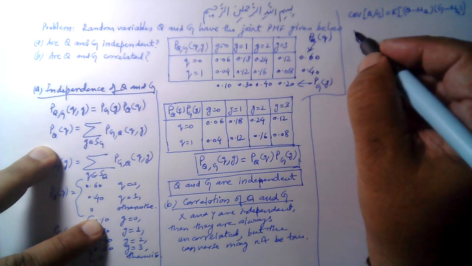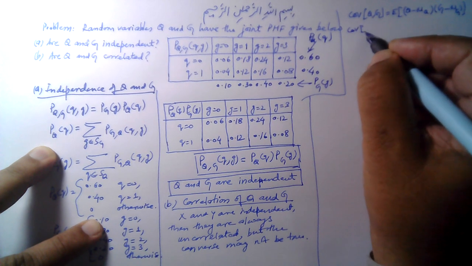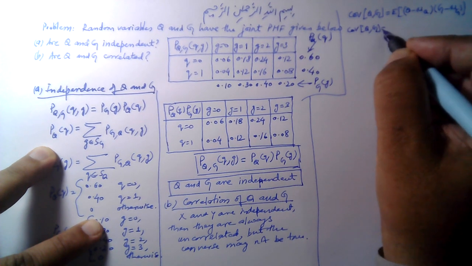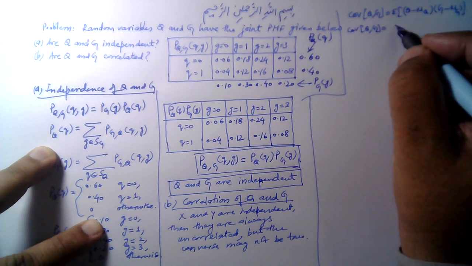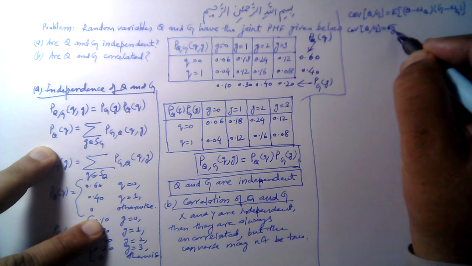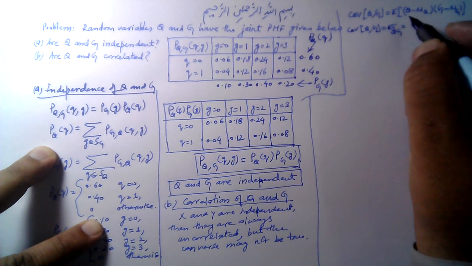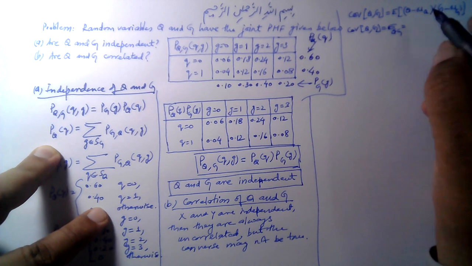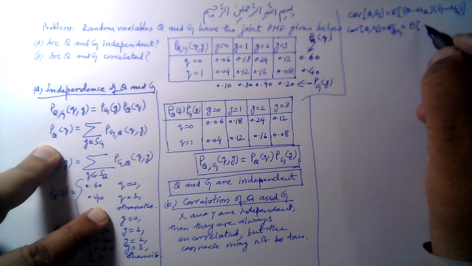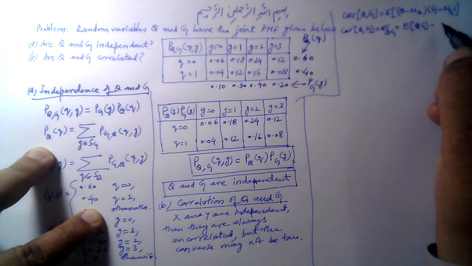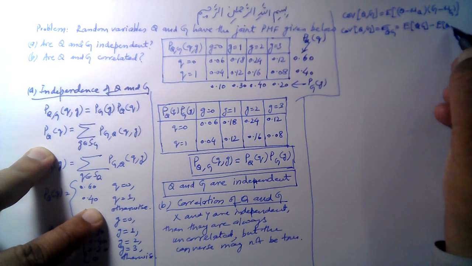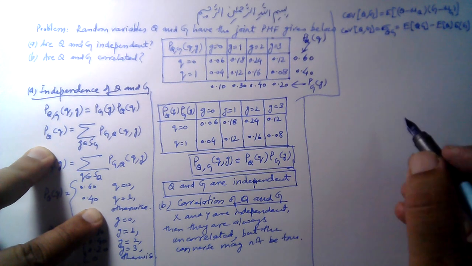And the covariance is also presented like this. This function can be shown to be equal to this one, the expectation of QG minus the product of the expected value of Q and the expected value of G, right?